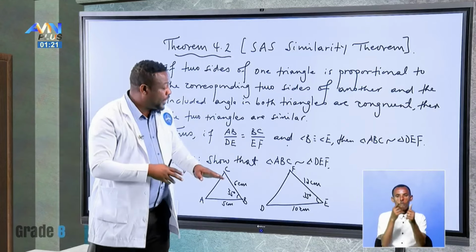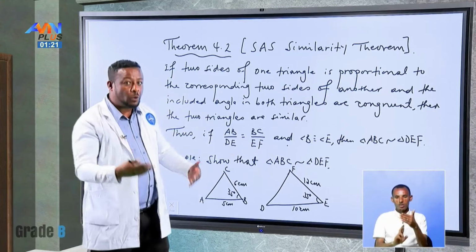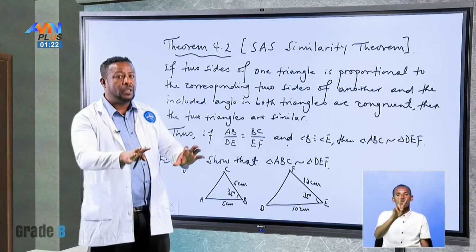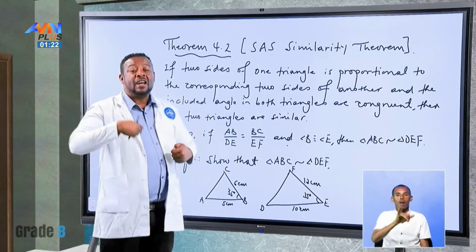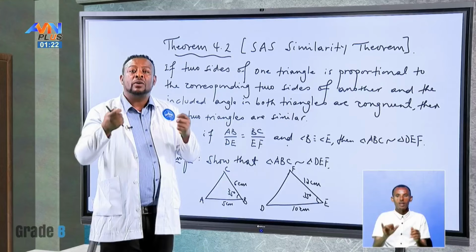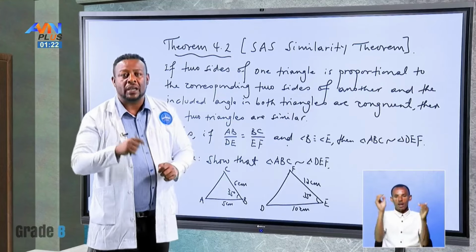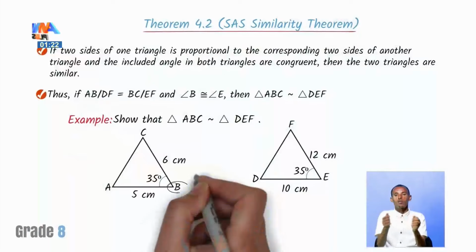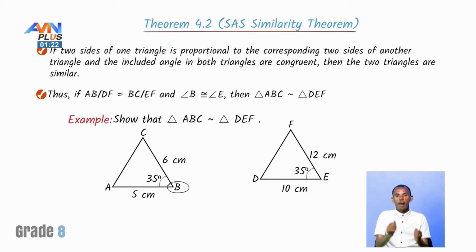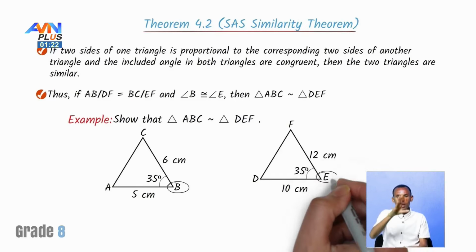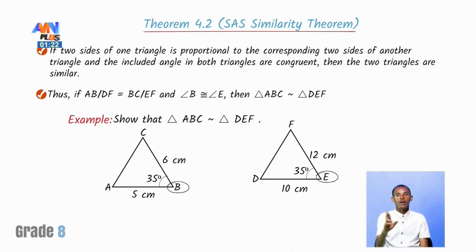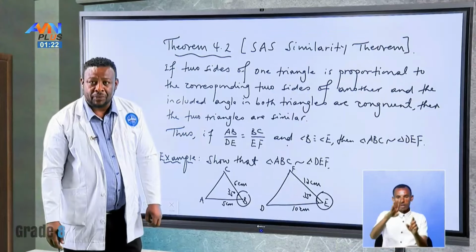One of the conditions is that the ratio of the corresponding sides of the two triangles must be the same. The other criterion is there should be one congruent included angle in both triangles, right? So clearly, angle B and angle E are the same, right?